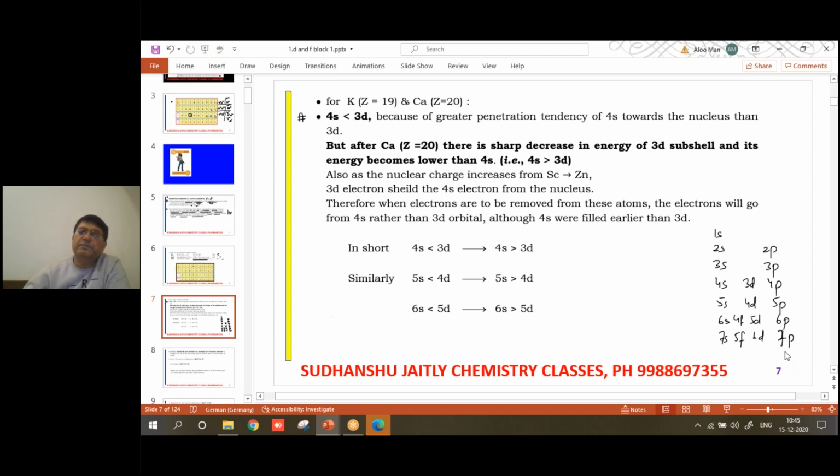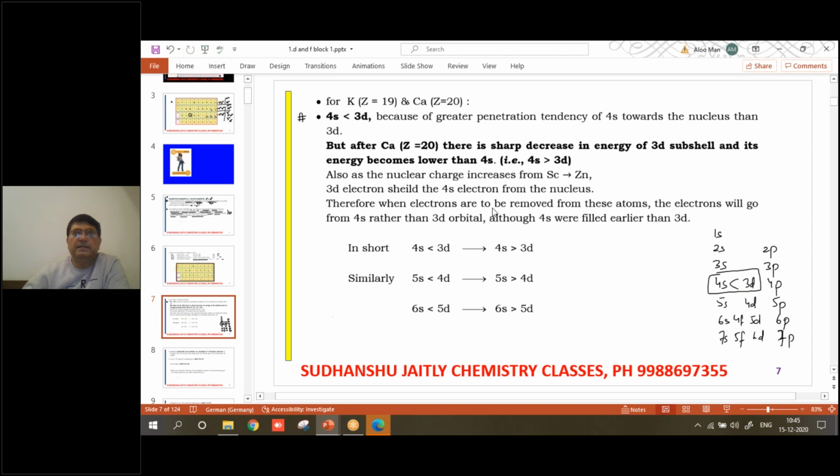This is the sequence in which the electrons will be filled. If you focus here, in which did you put the electron first, 4s, and in which later, 3d? So which is going to have higher energy, 3d, and which lower energy, 4s?